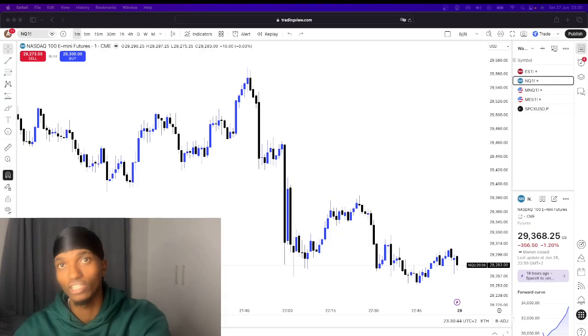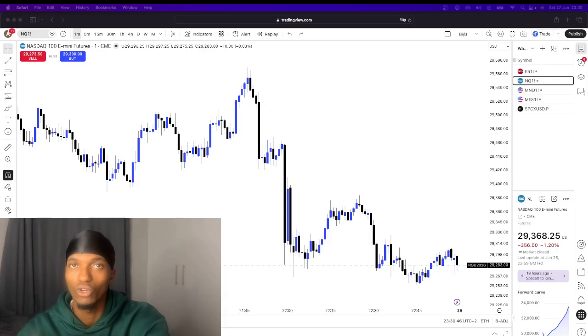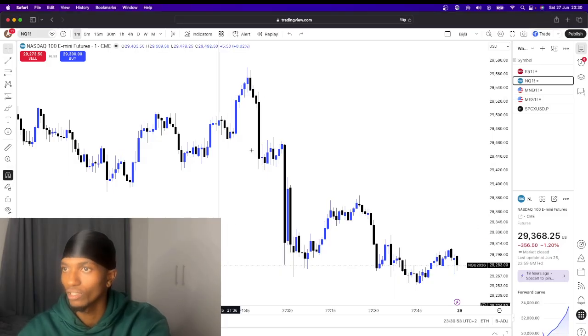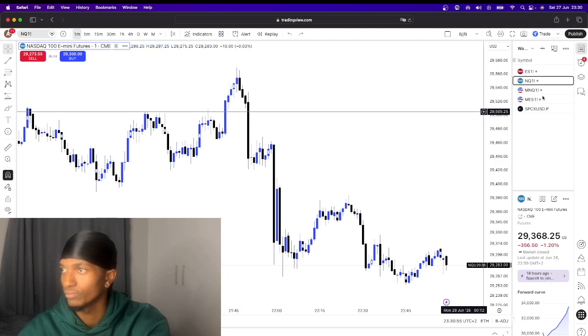So let's go into the chart and I'm gonna do some drawings and show you how you can see an SMT divergence, right? So let's do this.